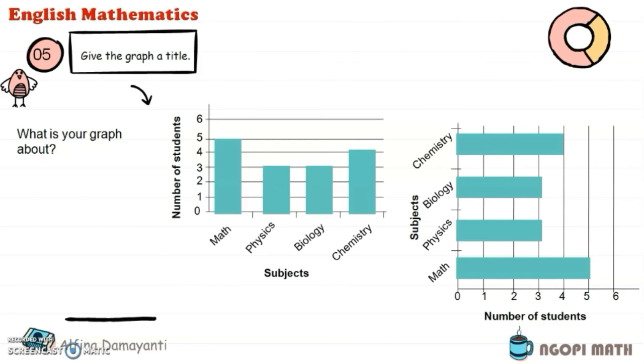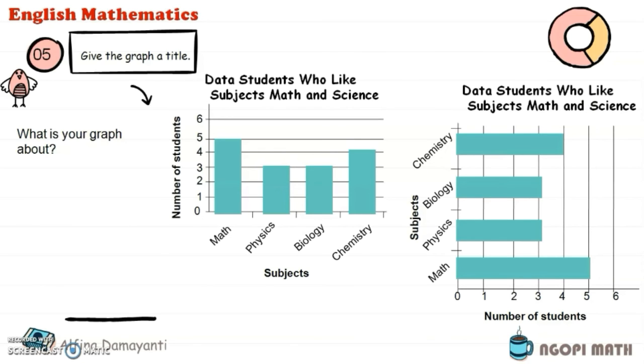Fifth, give the graph a title. What is your graph about? In type 1, the horizontal axis is subjects and the vertical axis is number of students.